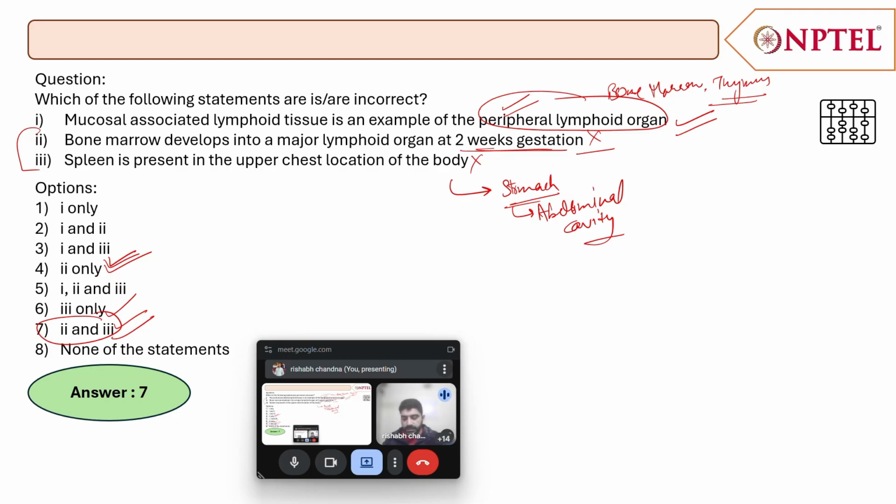That is the thoracic cavity. It is located in the upper quadrant of the abdominal cavity. Okay, so it will not be present in the upper chest location. Okay.